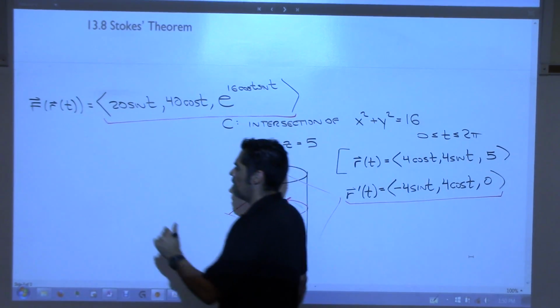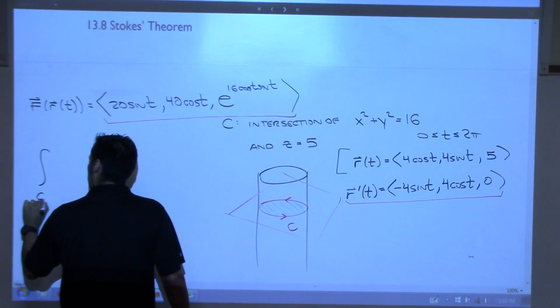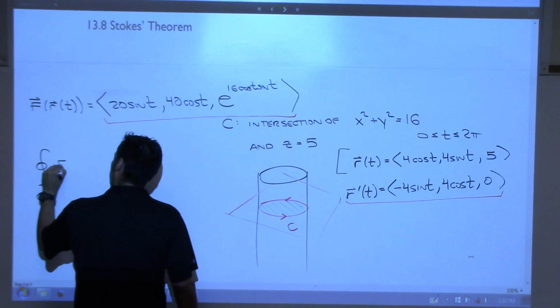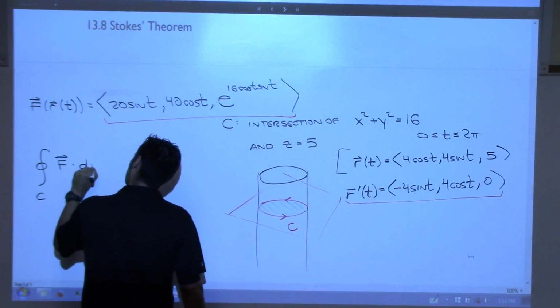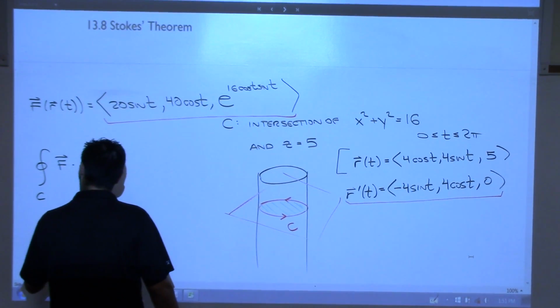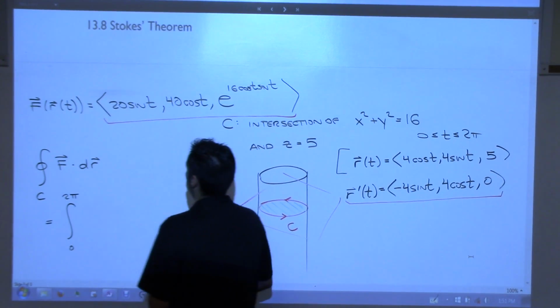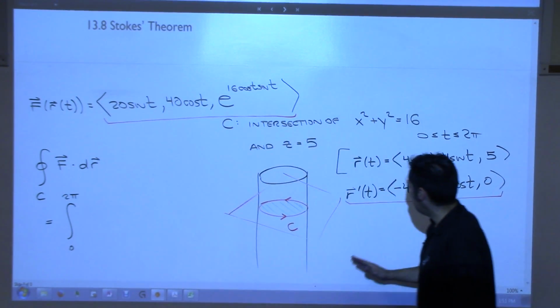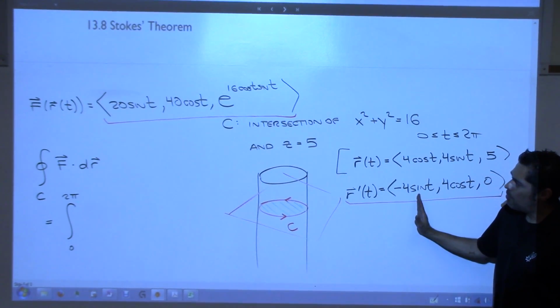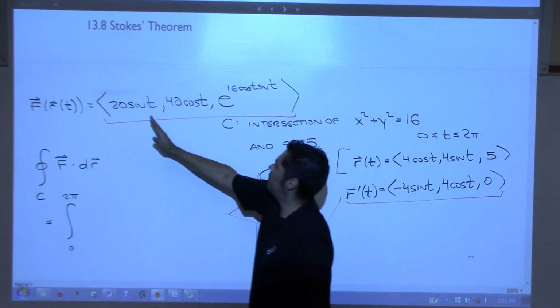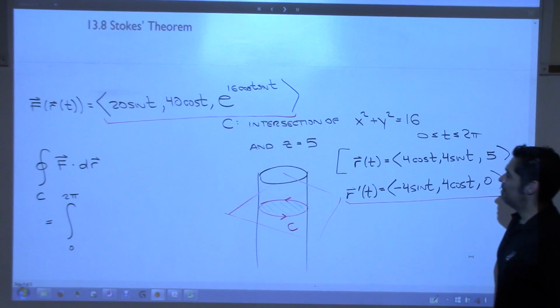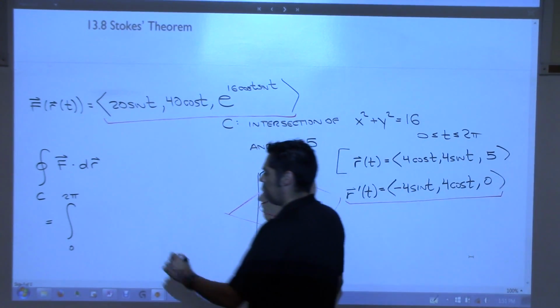Okay, so I'm ready to write this. The line integral over C of F dot dr is equal to the integral from 0 to 2 pi. Dots are easy, right? This x component times this x component gives me negative 80 sine squared t.